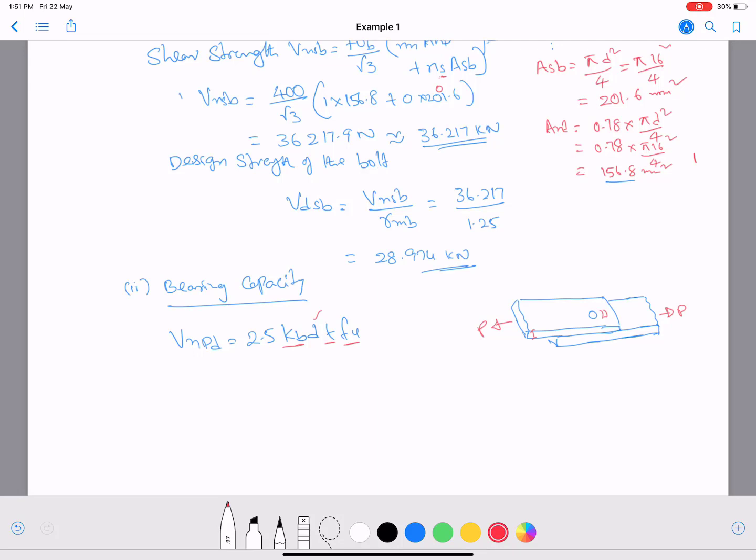So the bolt may be subjected to bearing and the plate also will be subjected to bearing.